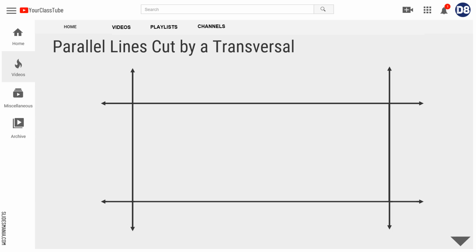So, we need to look closely at given figures: is there a pair of parallel lines here, and is there a transversal that cuts them?